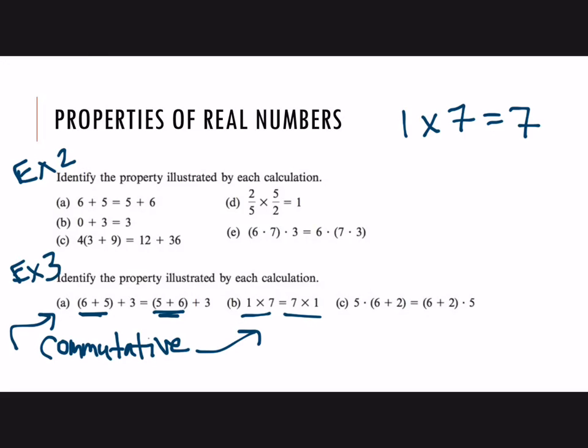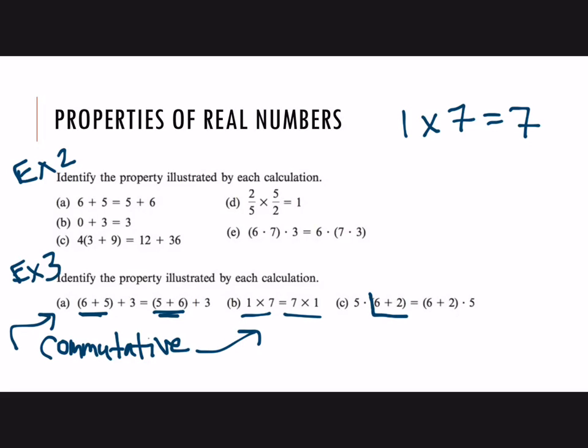And then what do you think about the last one? 5 times 6 plus 2. Another tricky example. The parentheses have not moved. It's still around the 6 plus 2, so it's not associative. It's not distributive. We haven't done 5 times 6 and 5 times 2. So what change has happened?